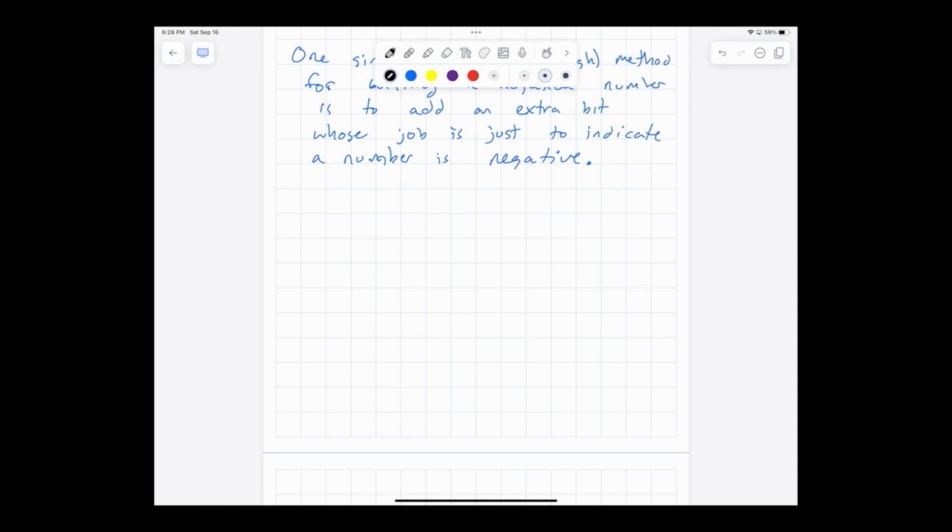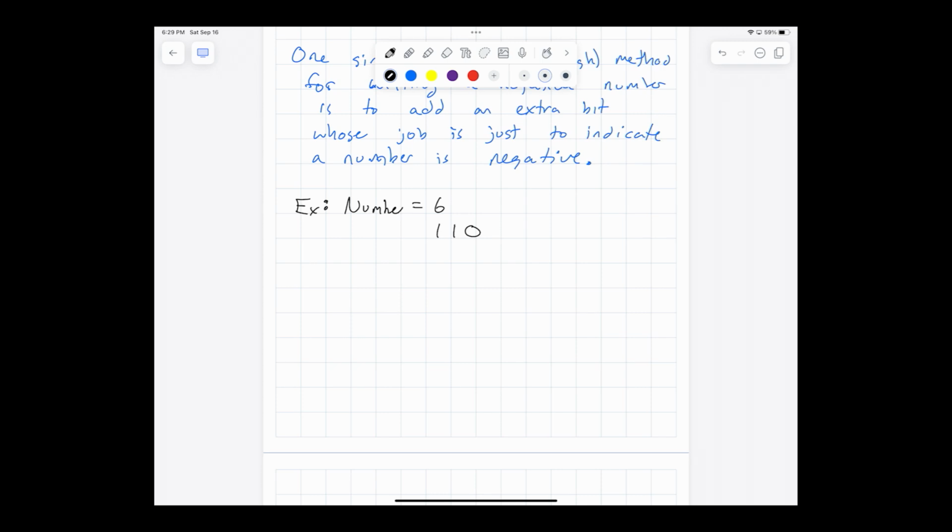So if you needed the number, let's say 6, as a 4-digit number, you would have a 0 in the ones place, a 1 in the twos place, and a 1 in the fours place. So this is the number 6.